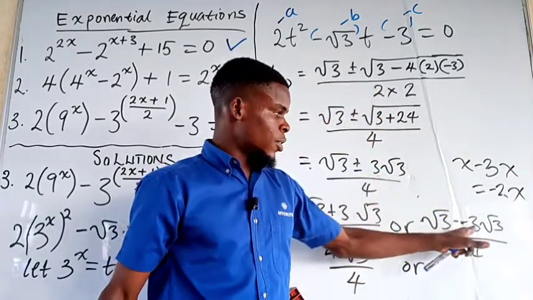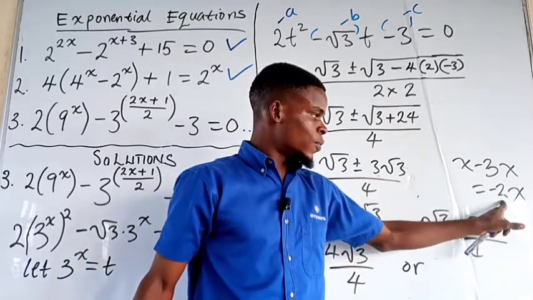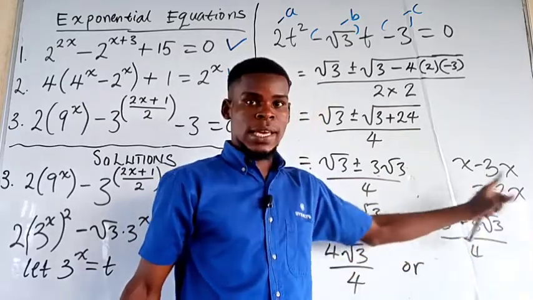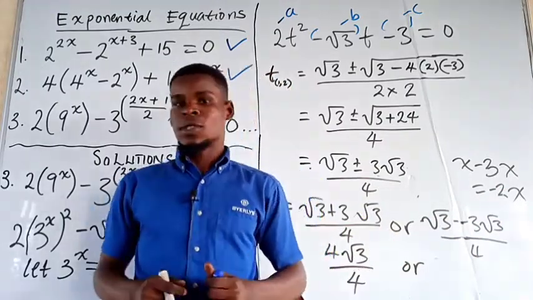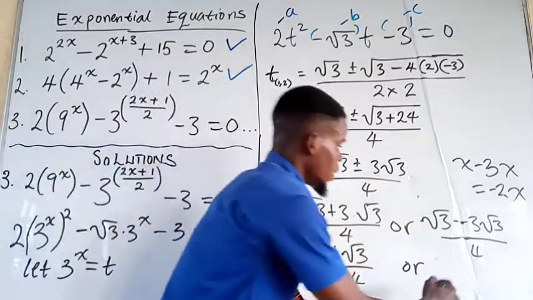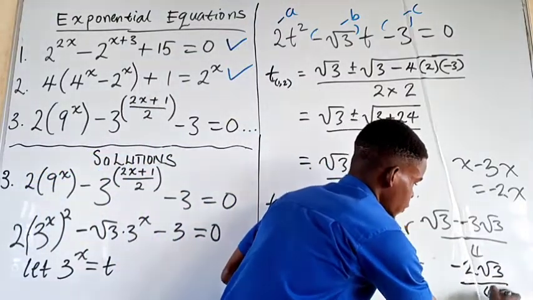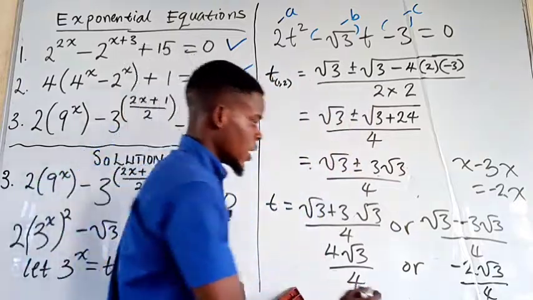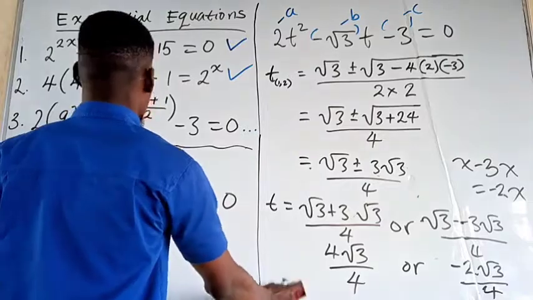So root 3 minus 3 root 3 is going to be negative 2 root 3, right? In place of root 3, just put x so that it will be clear to you, so you don't get confused. So here we'll be having negative 2 root 3 divided by 4. Maybe we can go ahead and simplify this further in some other space.